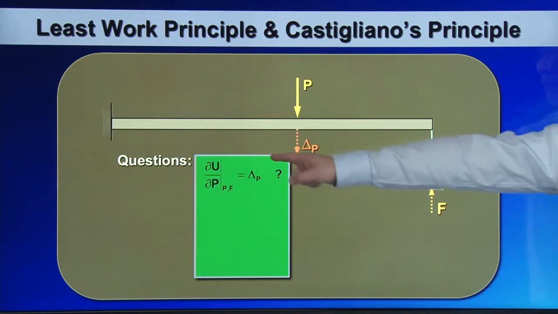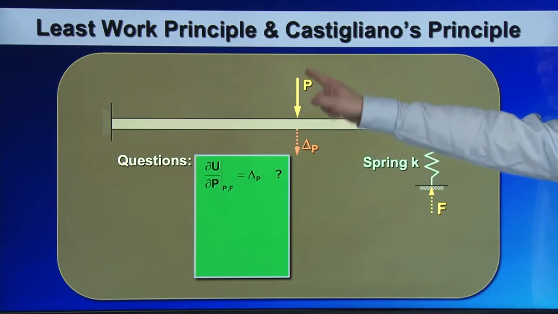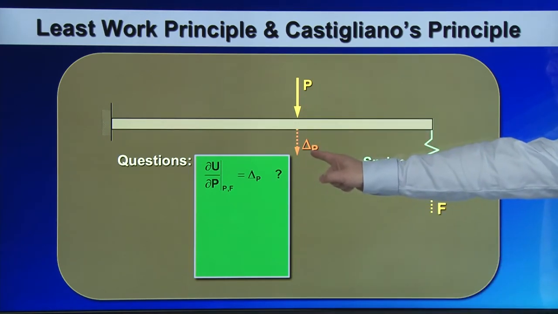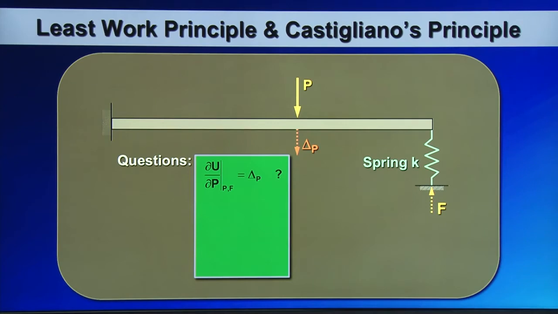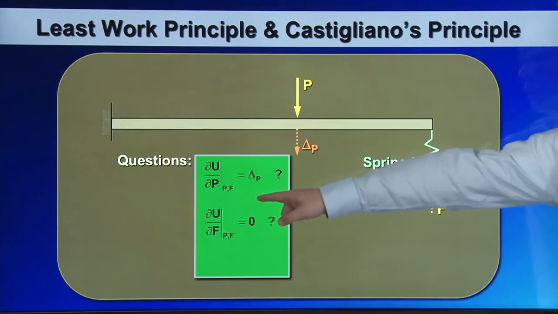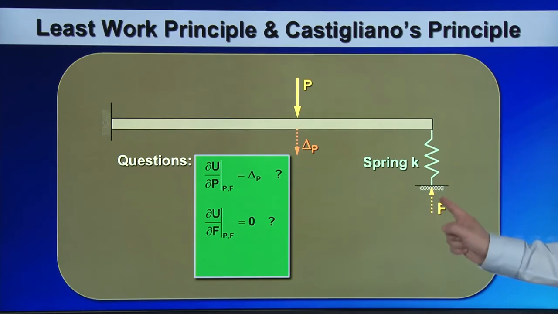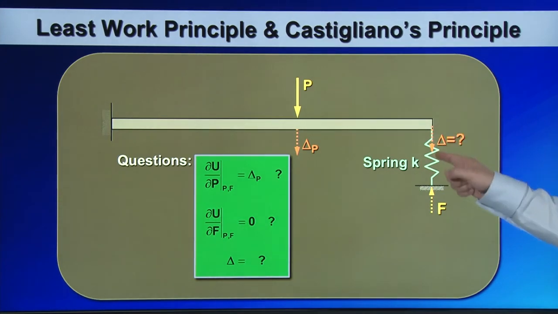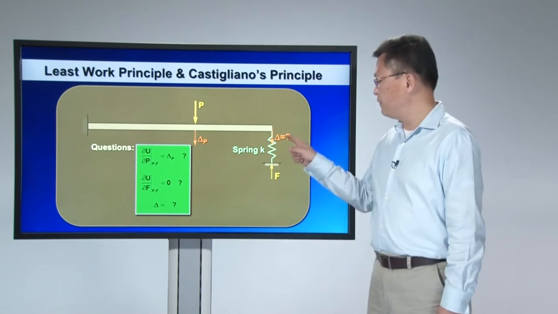First, if I take ∂U/∂P, is that equal to displacement at P? Second, if I take ∂U/∂F, is that equal to 0? Third, I know that at this right-hand end, I'm going to see vertical displacement. How can I obtain this vertical displacement?